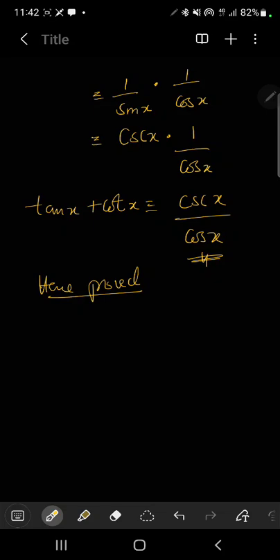Hence proved. Okay, we can look at another identity.